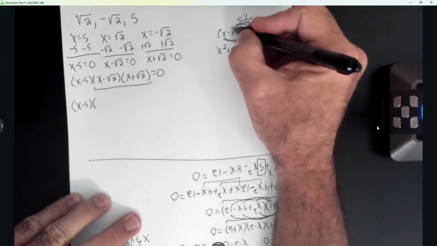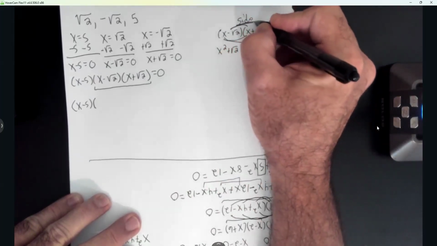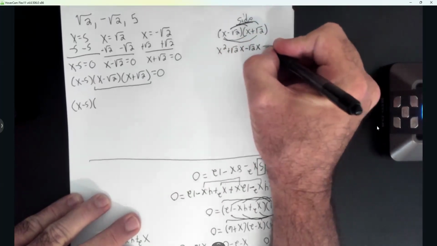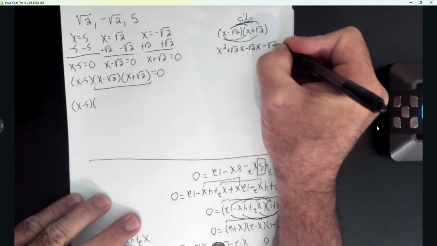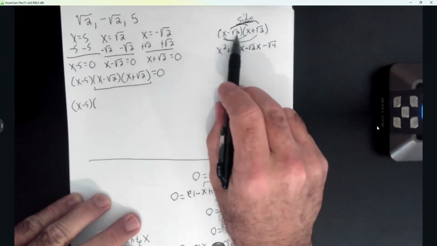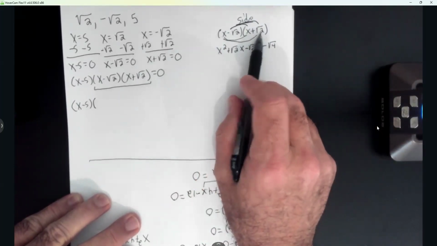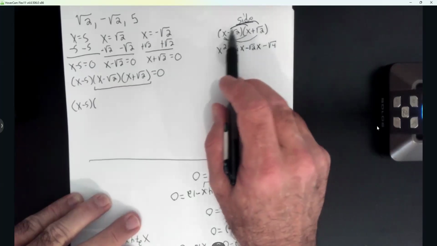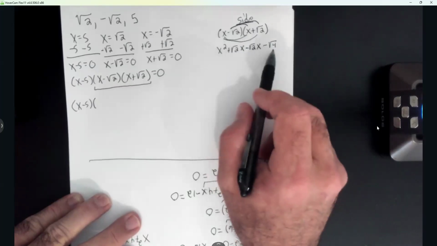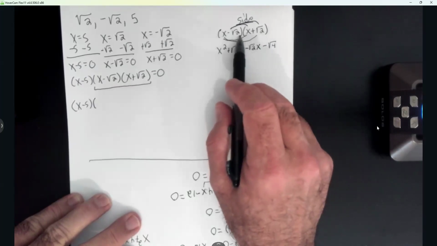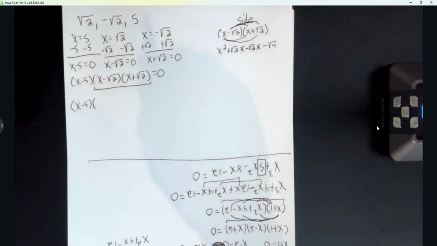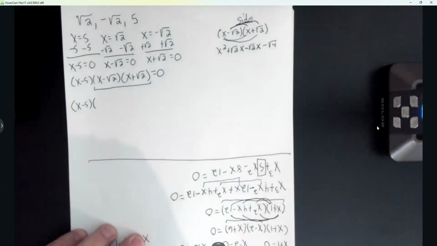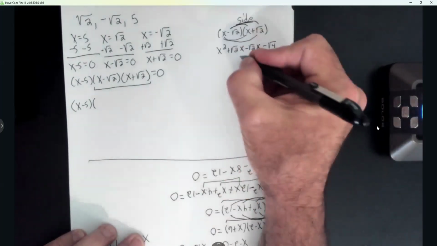And then finally, a negative square root of 2 times a positive square root of 2 is a negative square root of 4. Since the 2's are under a radical, they can be multiplied together and get a 4. But y'all remember, a radical times itself always gives you the number under the radical. So that square root of 4 is going to turn into a 2 in a second.